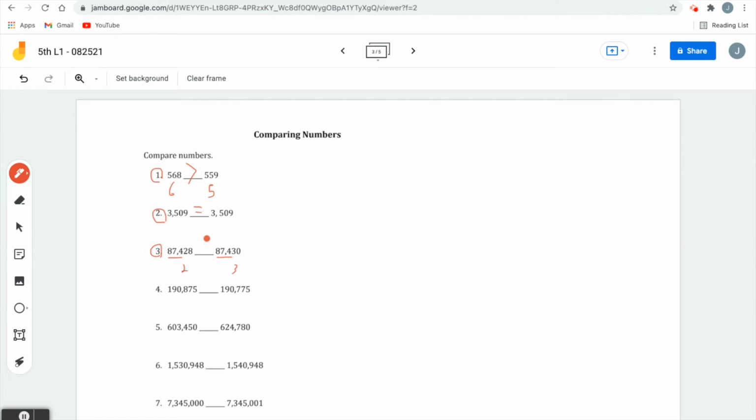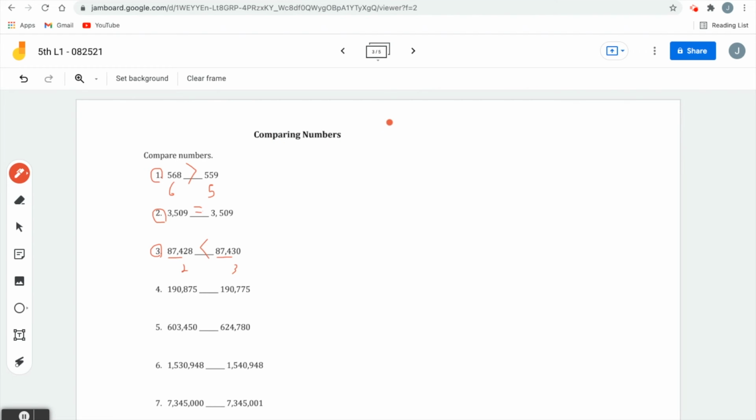So I'm going to write the sign like this, which shows that 87,428 is less than 87,430, which can also be said that 87,430 is greater than 87,428. Okay, this is it for comparing numbers.